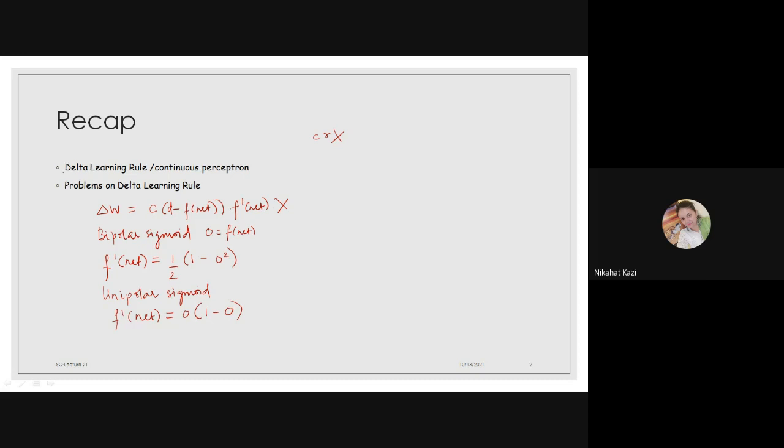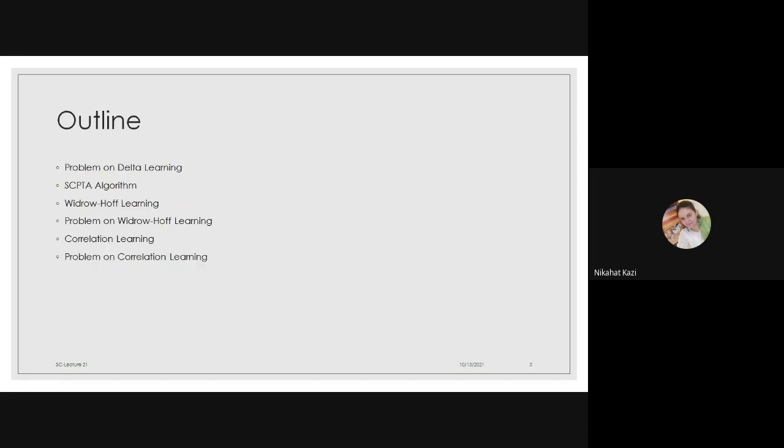We saw the learning signal for the delta learning rule, how using gradient descent by minimization of squared error we found the expression for R, the learning signal. Then we established the relationship expressing the derivative in terms of the output. And then we solved one particular problem on this. So this was what we did yesterday.